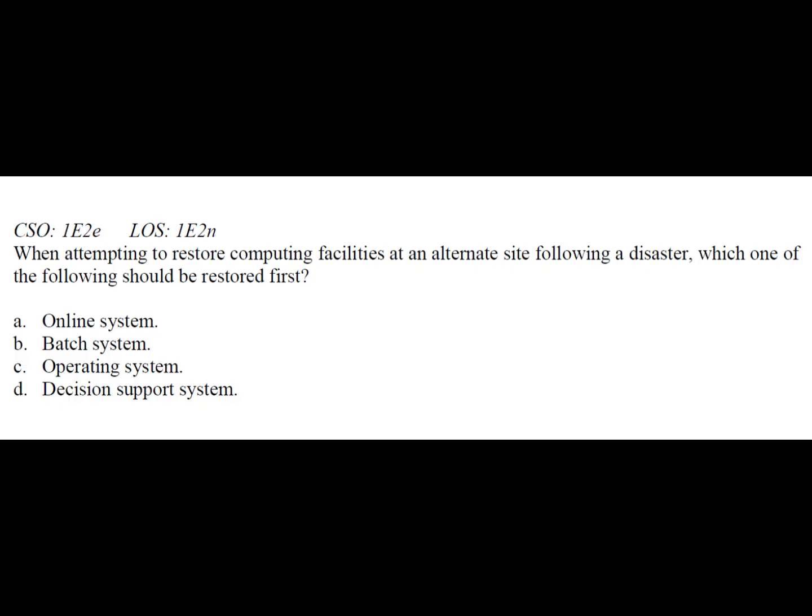The operating system is the essential platform that manages hardware resources and supports all application software. It must be restored before any business application systems can function. D. Decision support system. Incorrect. Decision support systems are typically less critical than transaction processing systems and also require the operating system to be operational before they can be used. Correct answer, C. Operating system.